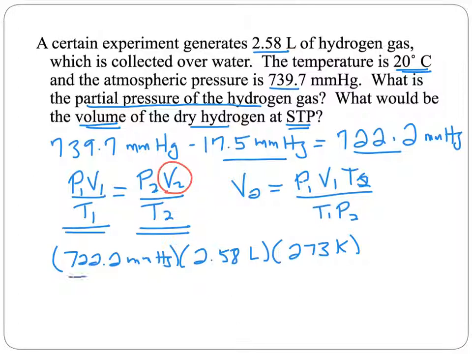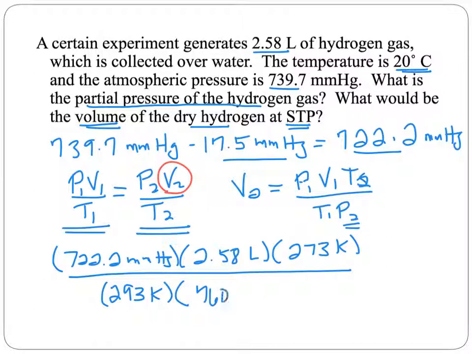That's 0 degrees Celsius or 273 Kelvin. Our original temperature is 20 degrees higher than that, so it's 293 Kelvin. And then our new pressure would again be at STP. It tells us that that's at 1 atmosphere or 760 millimeters of mercury.